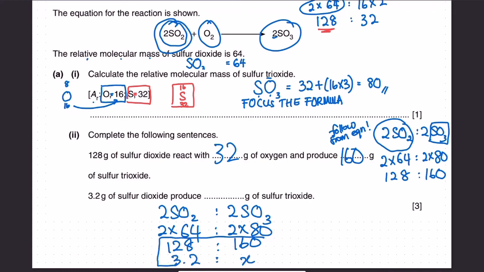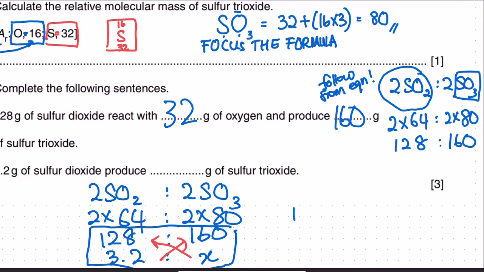Okay, then for this value, you do your cross multiply. 128x is equal to 160 times 3.2. Then work it out in your calculator.